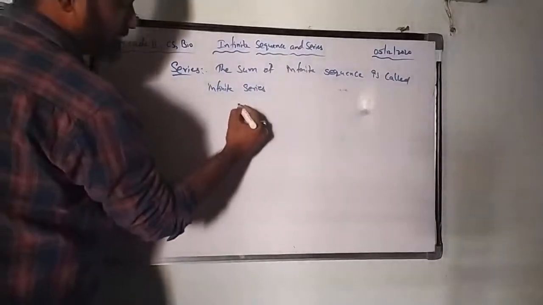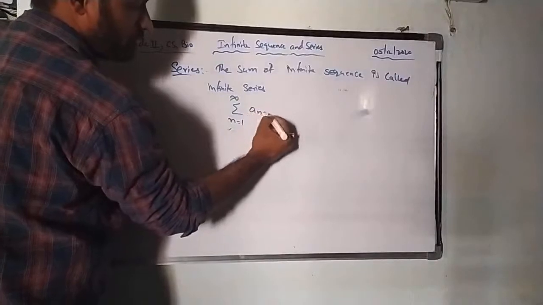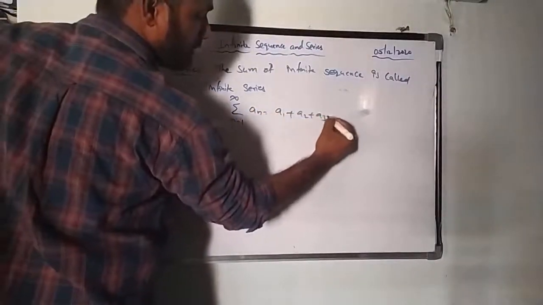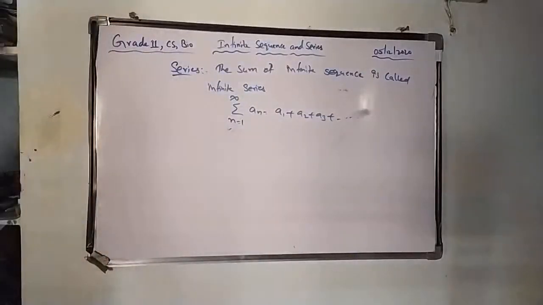So it is denoted by summation of n equals 1 to infinity an, which can be given as a1 plus a2 plus a3 plus so on, an infinite number of terms.